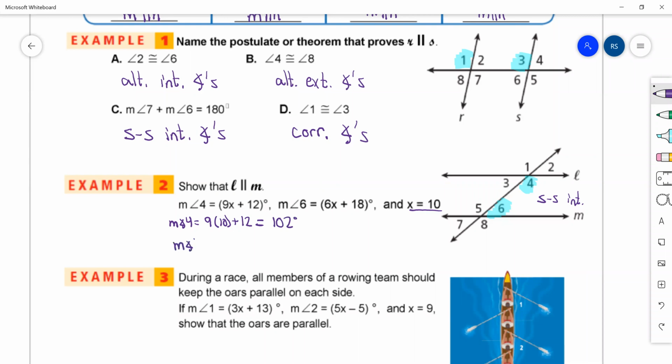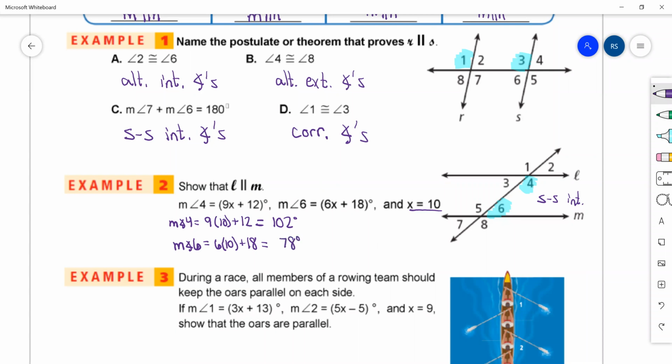Then we do the measure of angle 6. Let's plug that in. 6 times 10 plus 18. What's that get us? 60 plus 18 is 78.